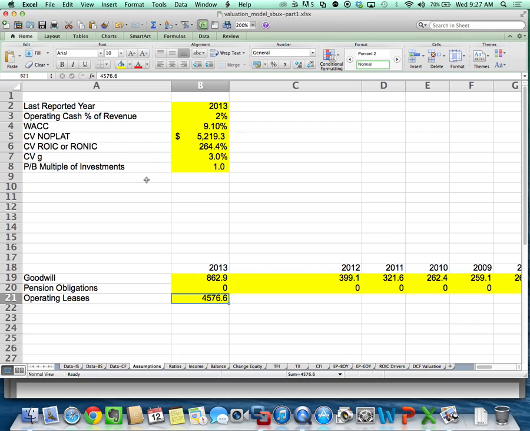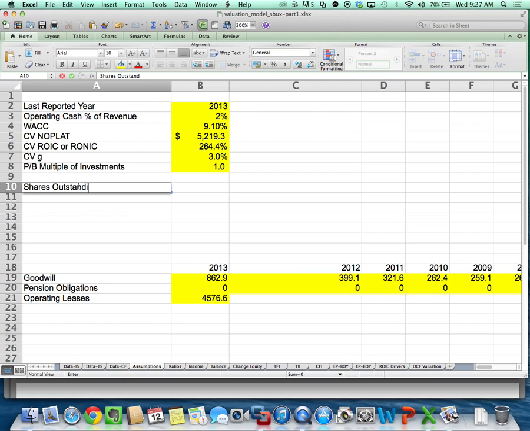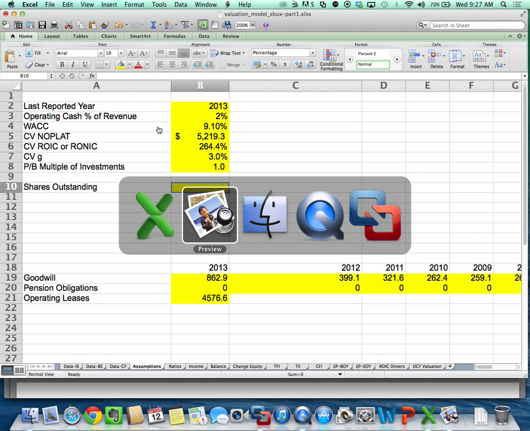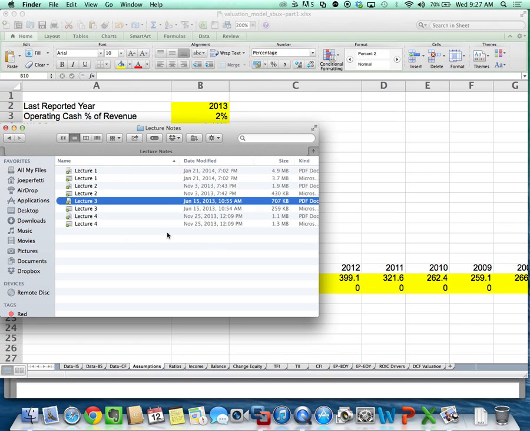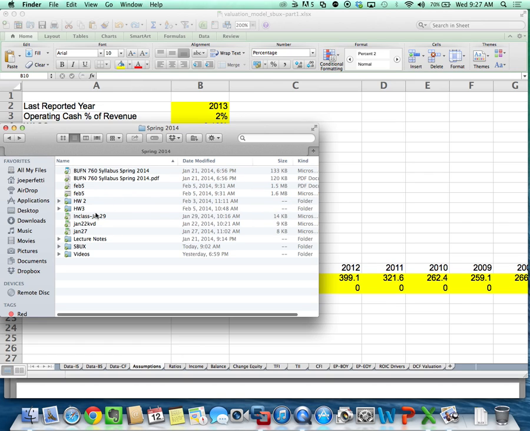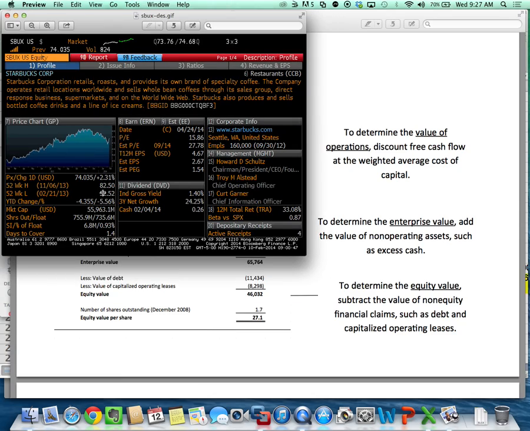Next, on my assumptions, I'm going to need shares outstanding to get a share price. So I'm going to put this on the assumption page. And the reason I'm going to put this on the assumption page is the shares outstanding will change by company. Right? So I want to quickly be able to change it if I change the company that I'm valuing. So in this case, in Bloomberg, I mentioned the screenshot, to get the shares outstanding is the DES screen.